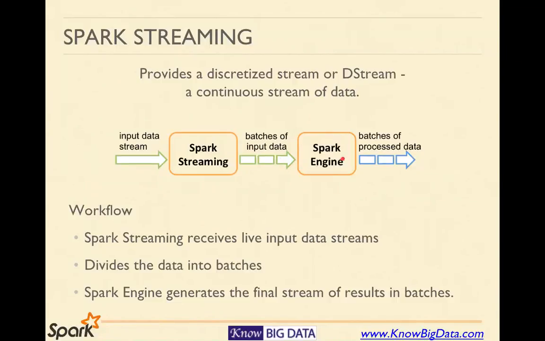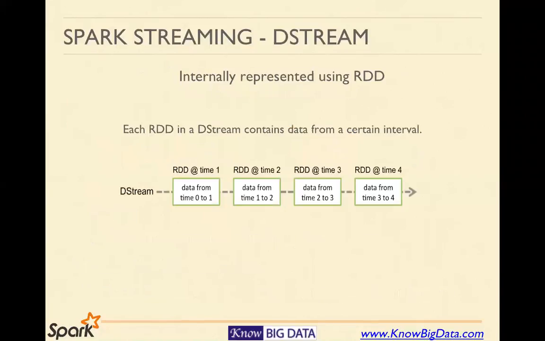Then it creates an RDD for each batch, and on that RDD it calls the Spark engine. So Spark streaming receives data from live input streams and divides the data into batches. The Spark engine generates the final stream of results in batches.